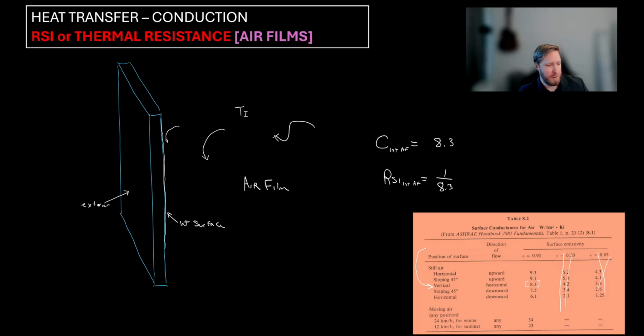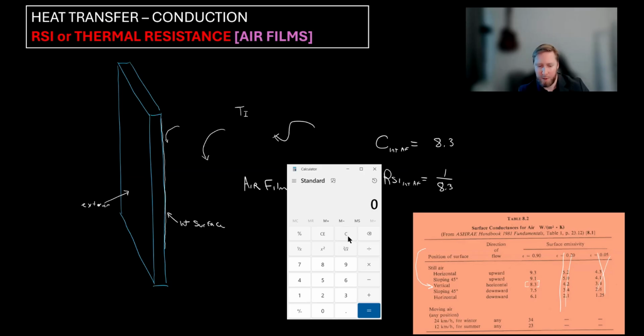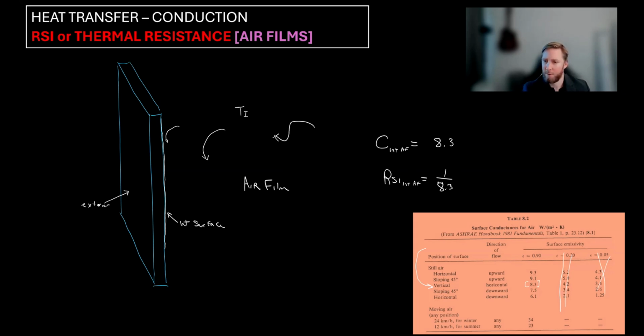So if I take out the calculator and I put 8.3, and I inverse that, I get 0.12 meter squared per Celsius watts.